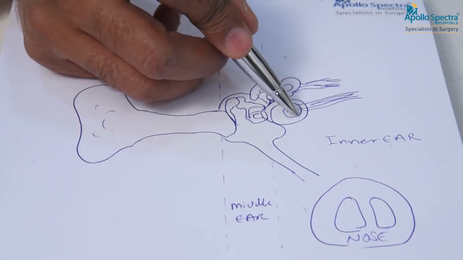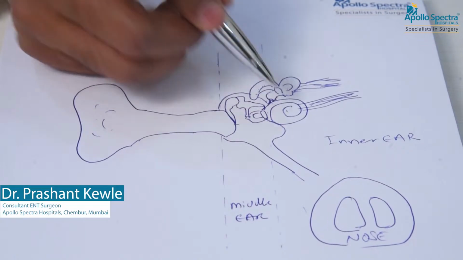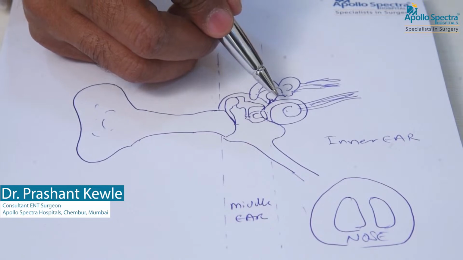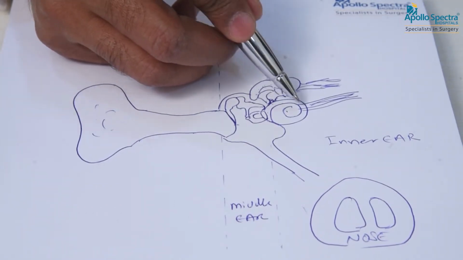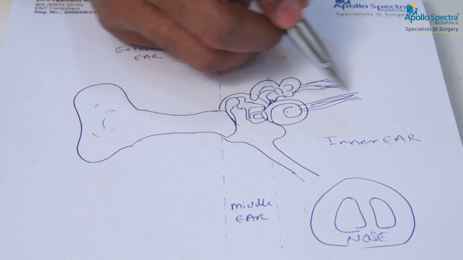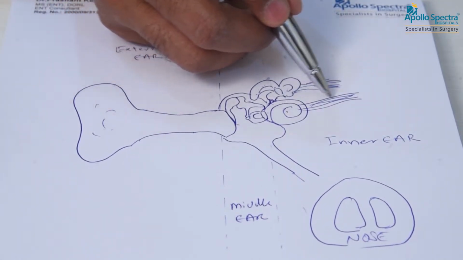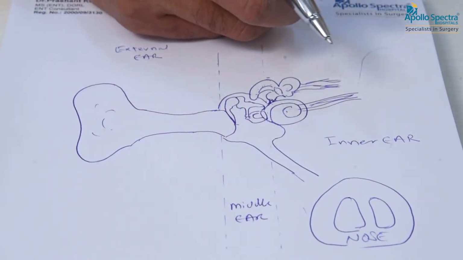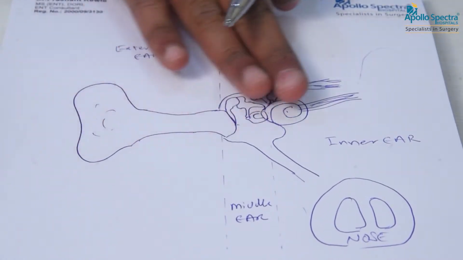So there are 32,000 fibers in this structure called cochlea. Cochlea is nothing but your computer processor. It will just process what frequencies and at what interval they are coming. And then the whole system will be connected to the brain by this cochlear nerve. Cochlear nerve will take all the signals to the brain, and in the brain you will have analysis of what you are listening. So the structure is completely like this.